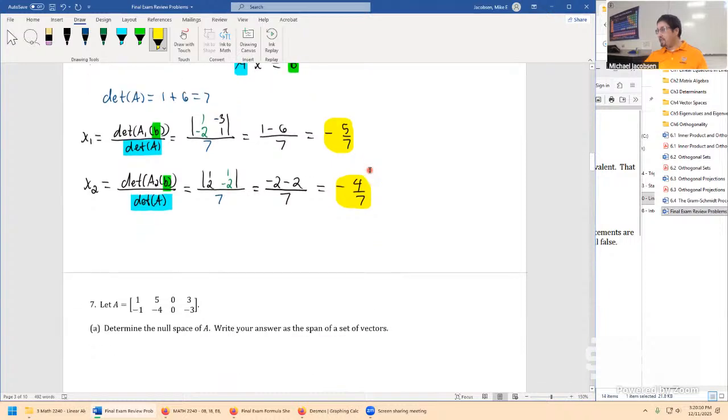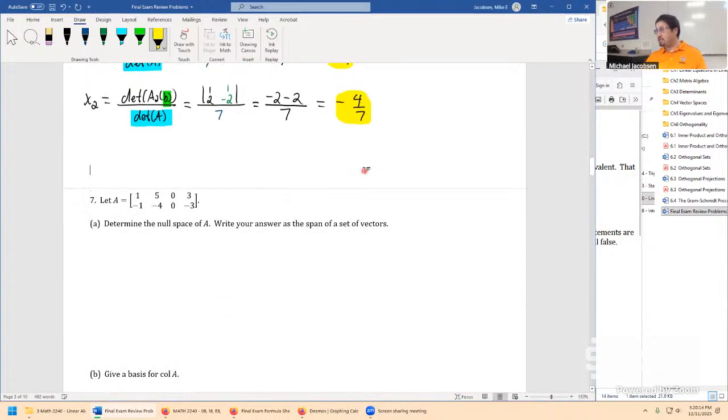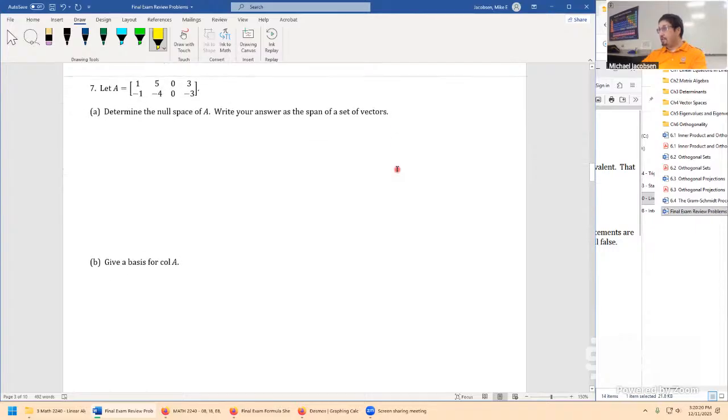Okay, well, next up, now we're in chapter 4 here. This one looks like a null space. And finding null spaces turns into a really, really common technique after chapter 4. It almost seems like once you find a null space in chapter 4, most of our linear algebra is organized around null spaces.